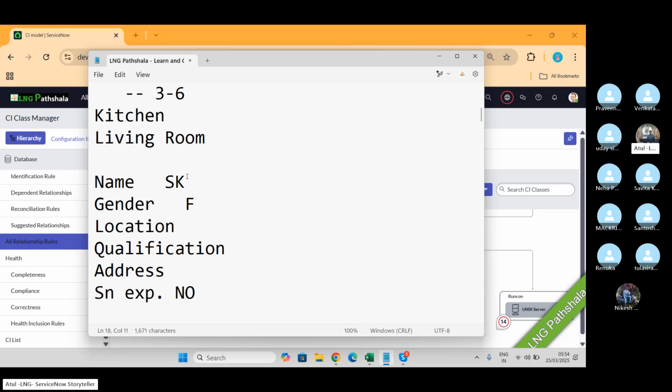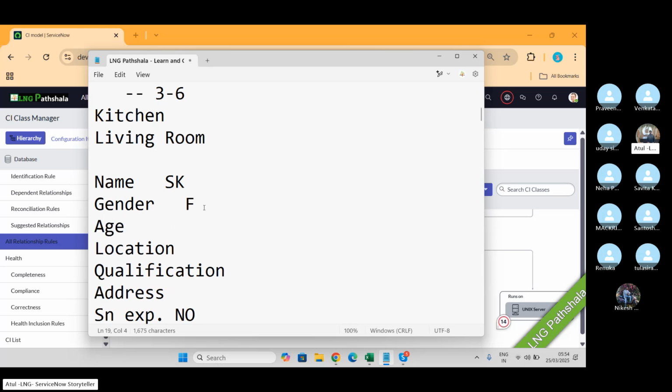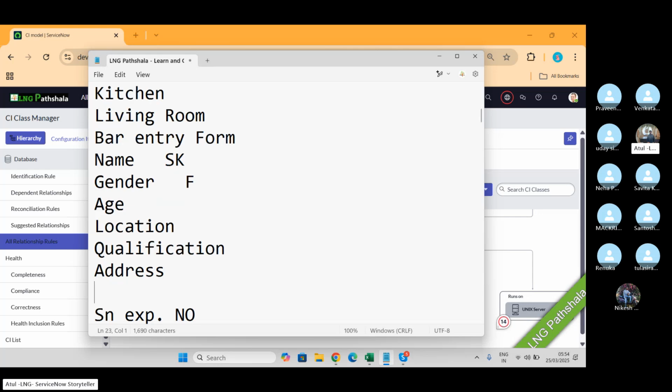Now compliance. Let's say this is a bar entry form. Now there is a girl named ZZ.